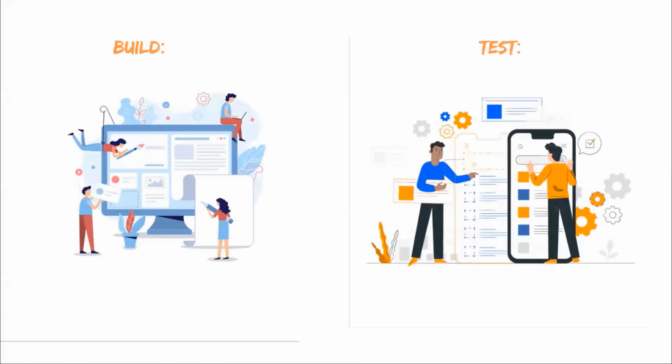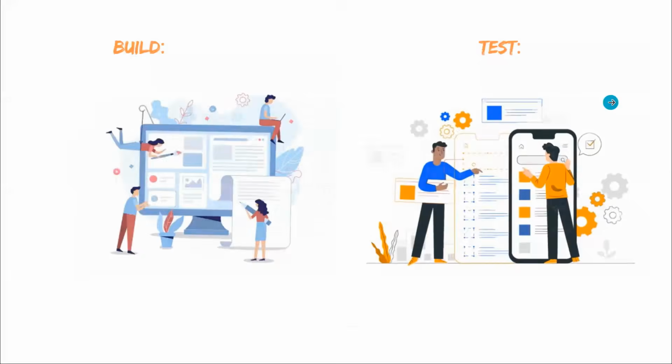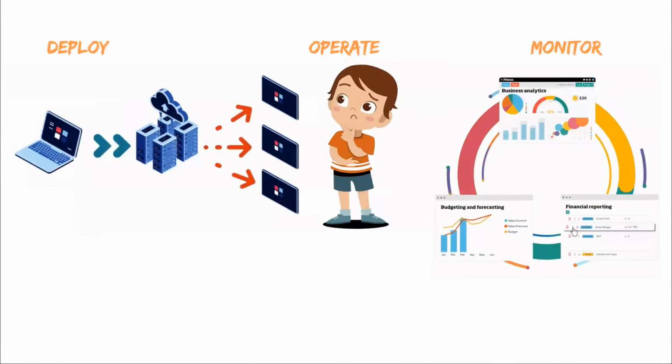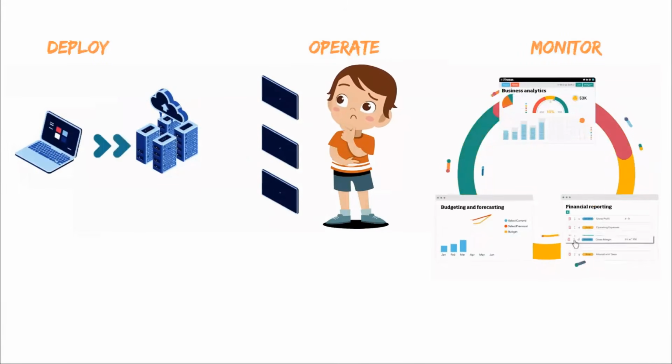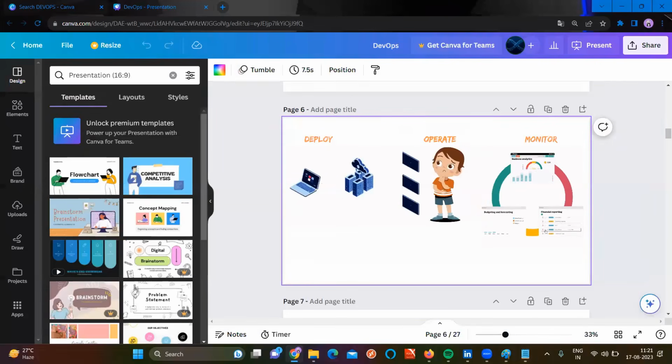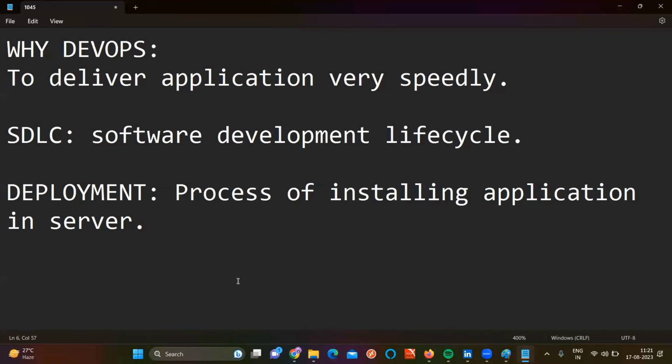Next, the application will go to which team? What will they do? Deploy, operate, monitor. Is it clear for you now? Okay, fine. This is what you call the software development lifecycle.